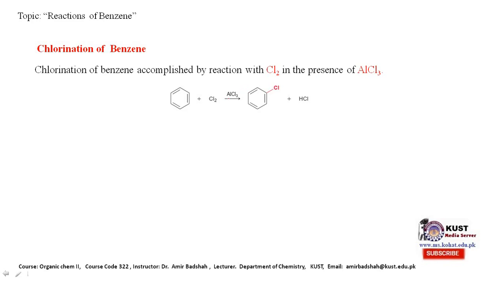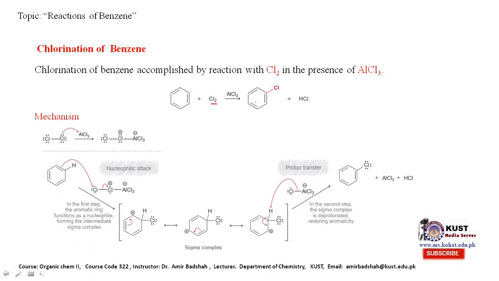In the presence of the Lewis acid aluminium chloride, chlorine substitutes a hydrogen and is added to one of the carbons, and we get a substituted benzene. The mechanism is the same as we discussed in the previous slide: the aluminium chloride, which is a Lewis acid, accepts this electron pair and forms an electrophile, which is present in complex form.